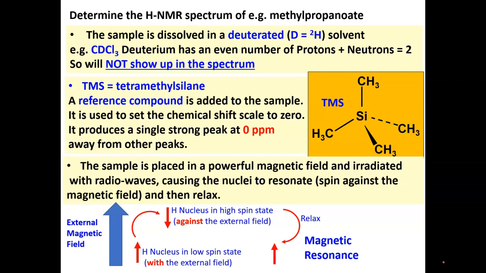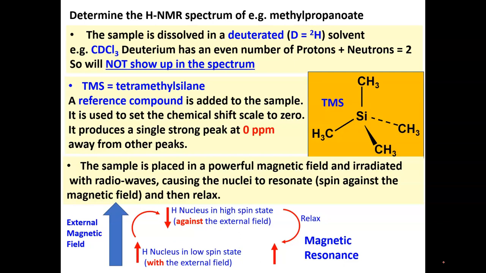So a different solvent is used, such as deuterated water or deuterated trichloromethane, where we use a 2H atom instead of 1H, because an even mass number will not show up in the spectrum. So we need a D-containing solvent, a deuterium solvent.